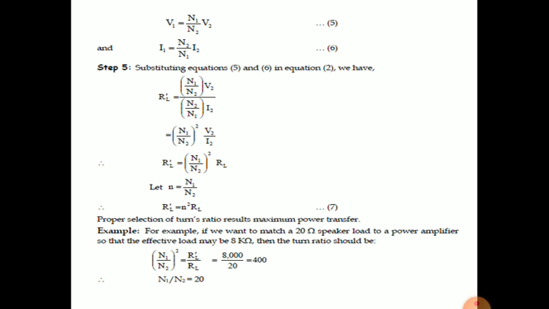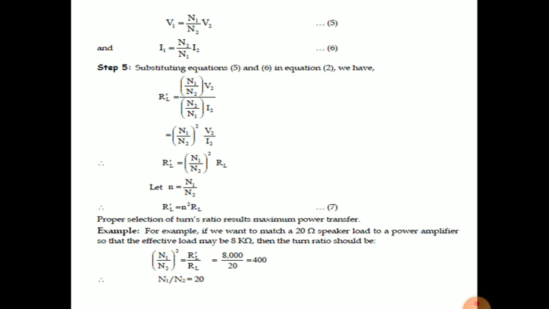Proper selection of turns ratio results in maximum power transfer. So we need to consider the turns ratio n for maximum power transfer. With a suitable example we can understand this.